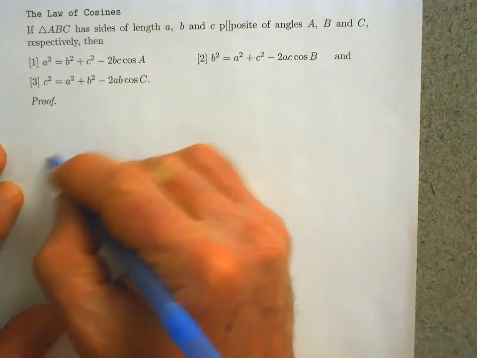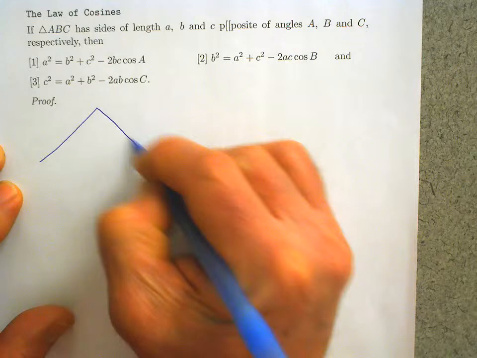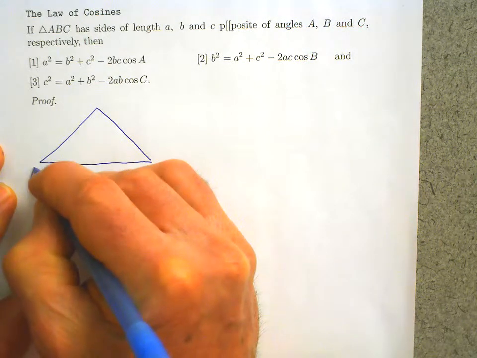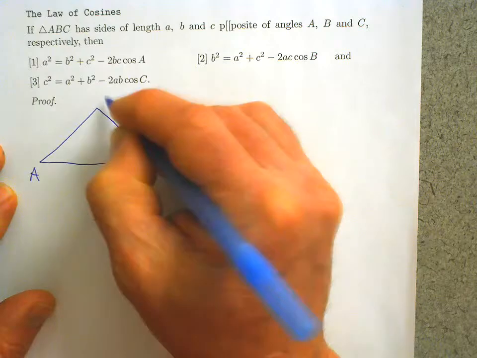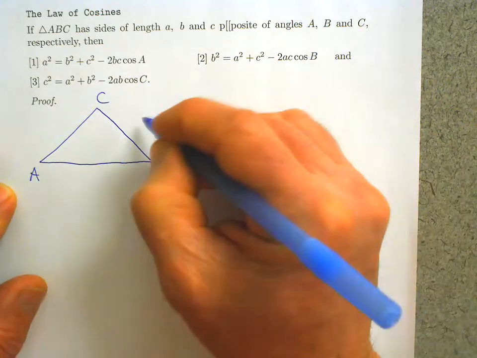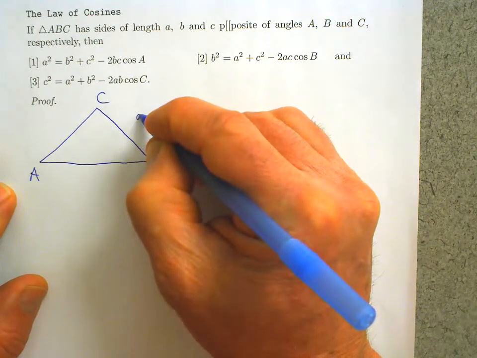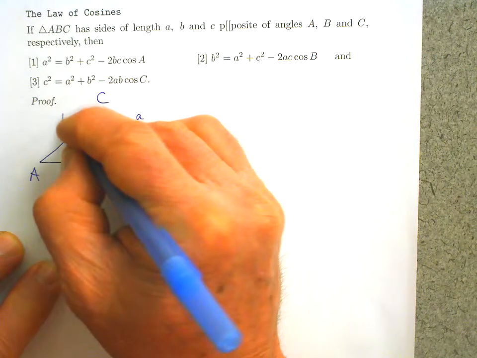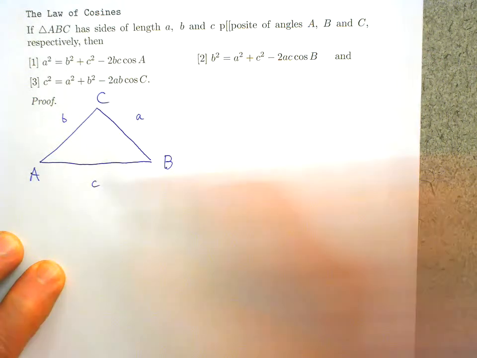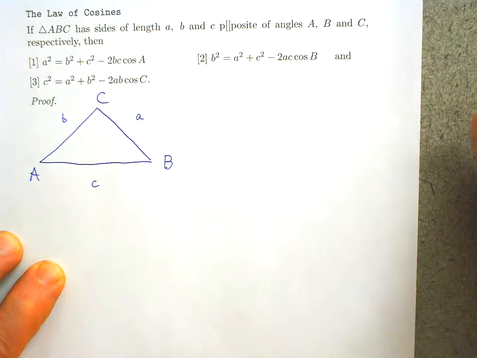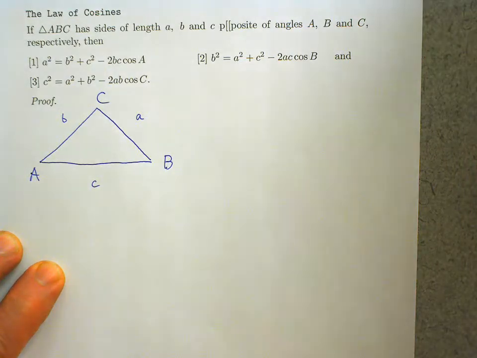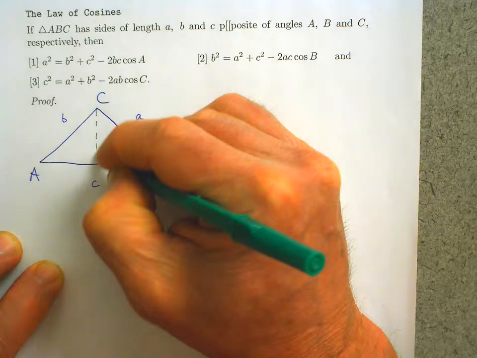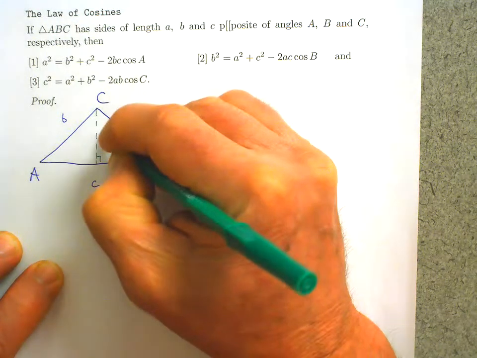Let's just draw a triangle ABC, and we'll label the lengths of the sides opposite the angles lowercase a, lowercase b, and lowercase c. So we'll construct an altitude and call it h.